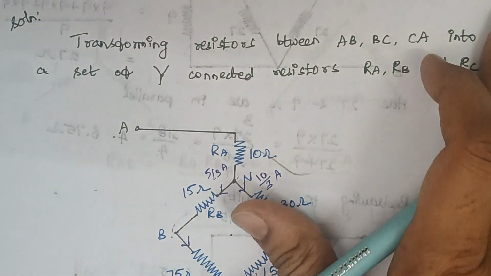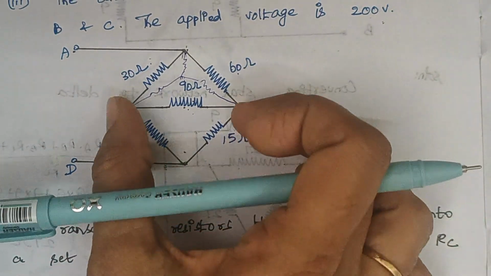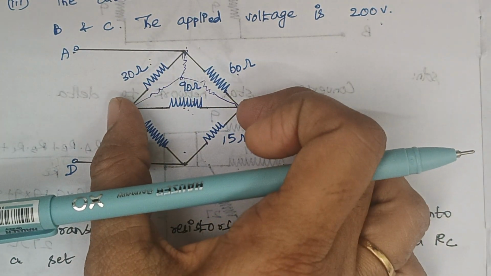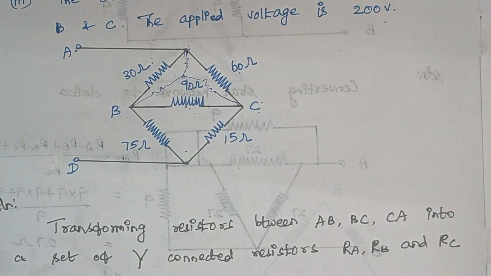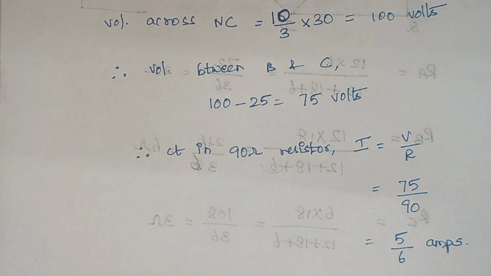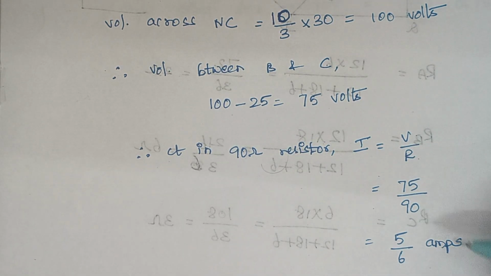So this 75 volt is the voltage across this 90 ohm resistor. We know the value of voltage and the value of resistance, so we can easily calculate the current. The current is calculated by V by R. V is 75 volt and R is 90, so that gives the answer of 5 by 6 amps.